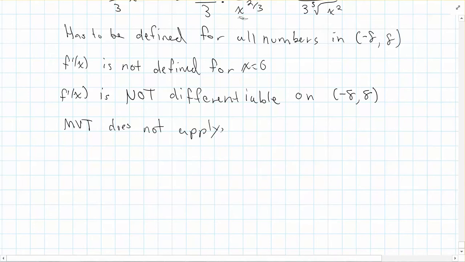And this, as I said, would probably show up on a true or false section where I'd say, you know, the mean value theorem applies to f of x equals 2x to the 1/3 power. And the answer would be false. It doesn't apply to that because it's not differentiable on -8 to 8. So the mean value theorem doesn't apply, and there's actually nothing left to do in the problem. We're done. Because if it doesn't apply, I can't find the point C because I can't use the theorem.